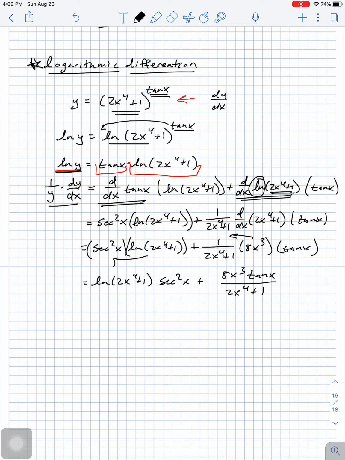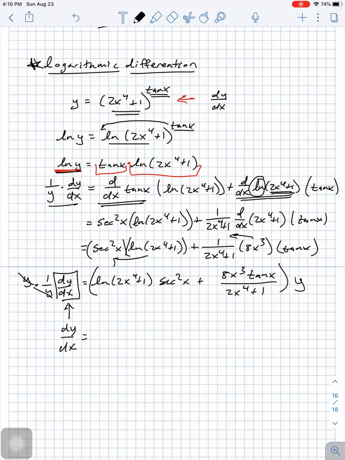Okay, now here's where the left-hand side comes into play. Okay, this is not dy dx. This is the derivative of the right-hand side. The left-hand side has this. If I want to know what dy dx is, then I need to solve for dy dx. So in order to do that, to get this alone, I'm going to multiply through by y on both sides.